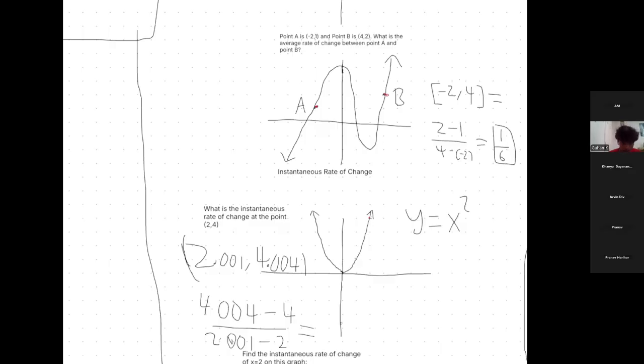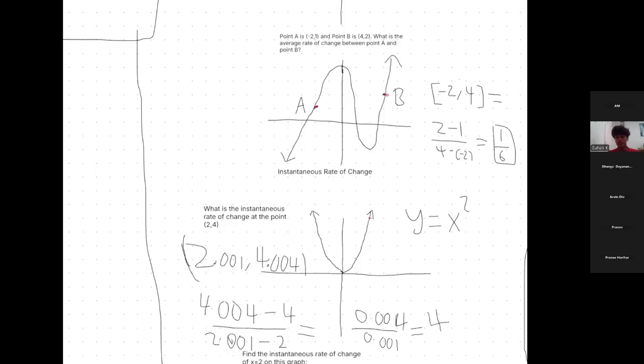It was just the average rate of change. And then if we solve for it, we get 0.004 divided by 0.001. And therefore, our rate of change at the point 2 comma 4 is 4.